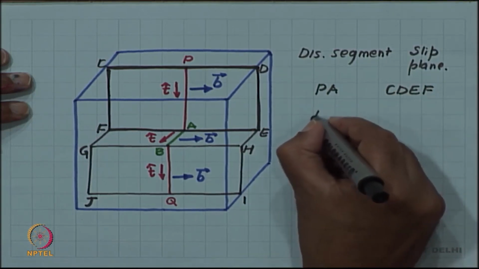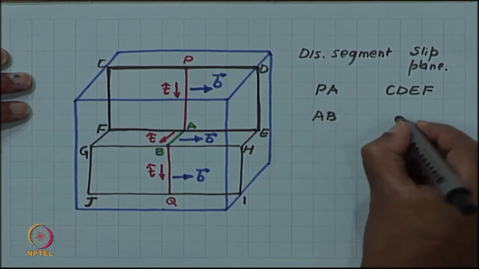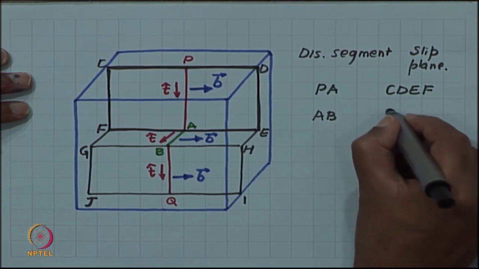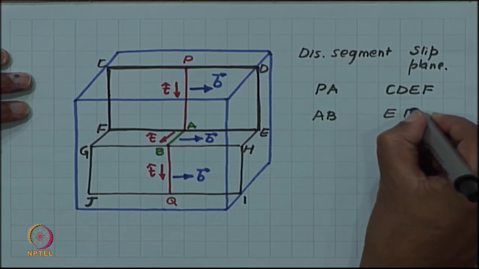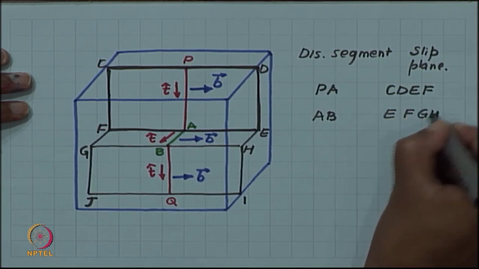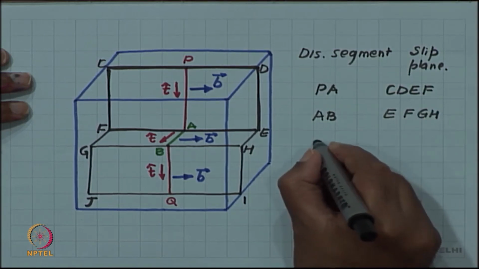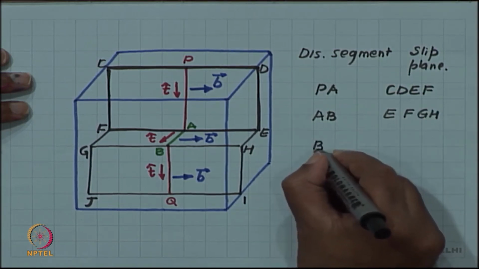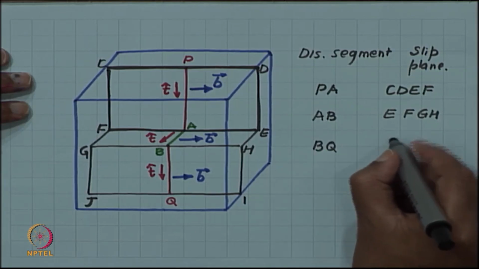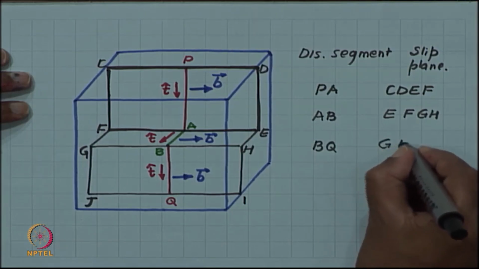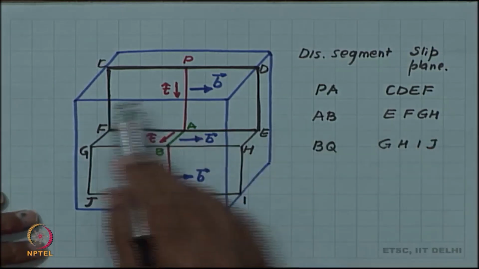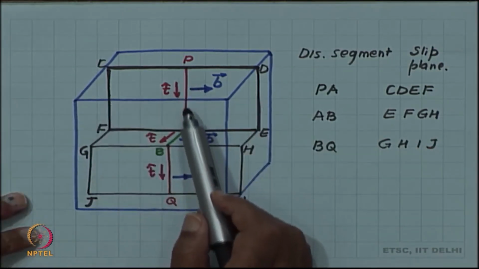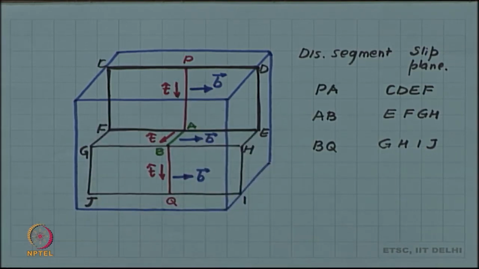For the dislocation segment AB, the slip plane is EFGH, and for the segment BQ, the slip plane is GHIJ, because notice that the slip plane has to be the plane containing the dislocation line and the Burgers vector.